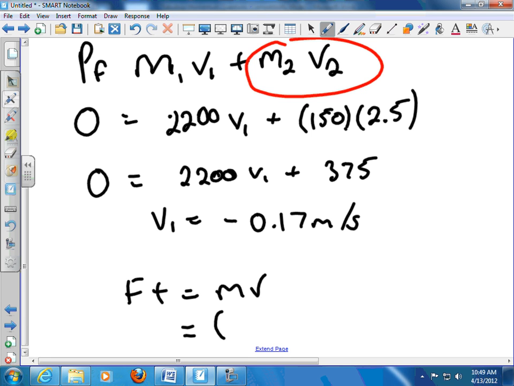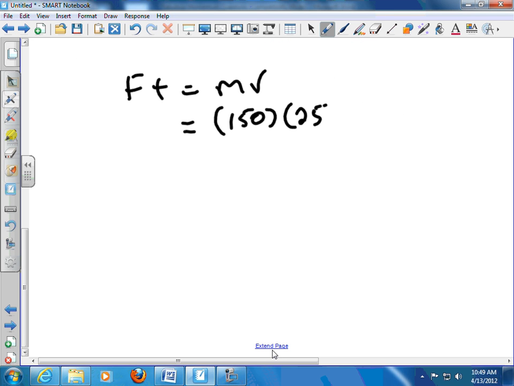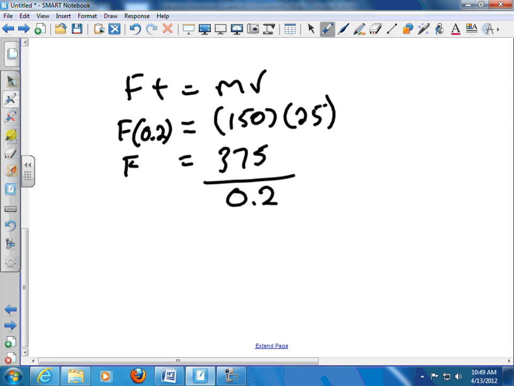So we'll just use the astronaut with his velocity. 375 is force times 0.2. Force equals 375 divided by 0.2 equals 1875 newtons.